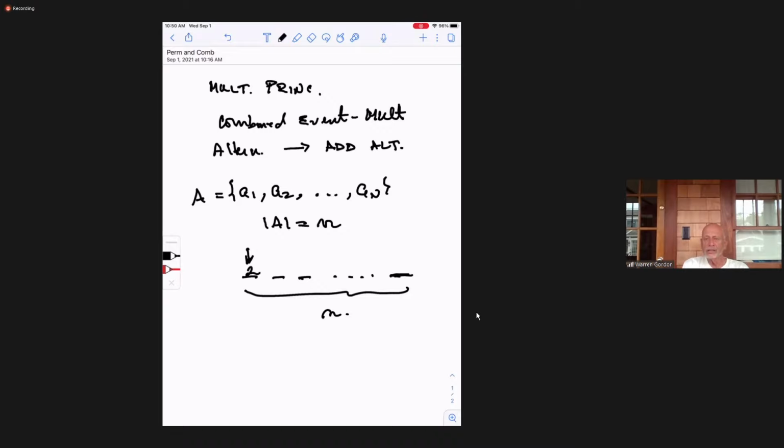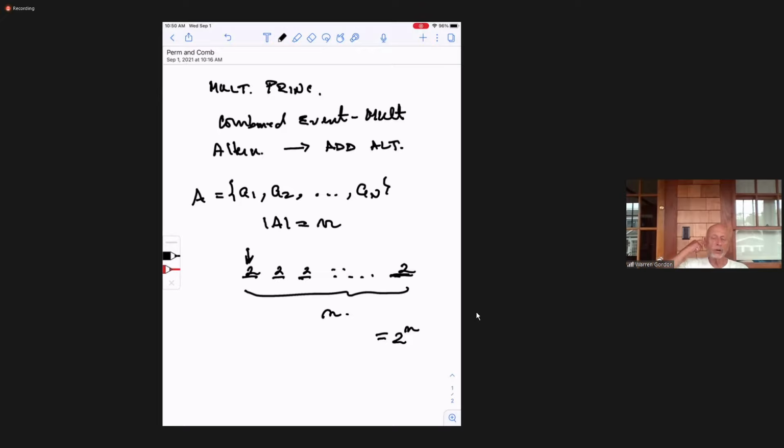Similarly for A2. If A2 is not there and all the other elements are there, then it's a subset of size n minus 1. So for each of these elements, there are 2 choices. And the combined event is all of them. So we have 2 to the n possible subsets.